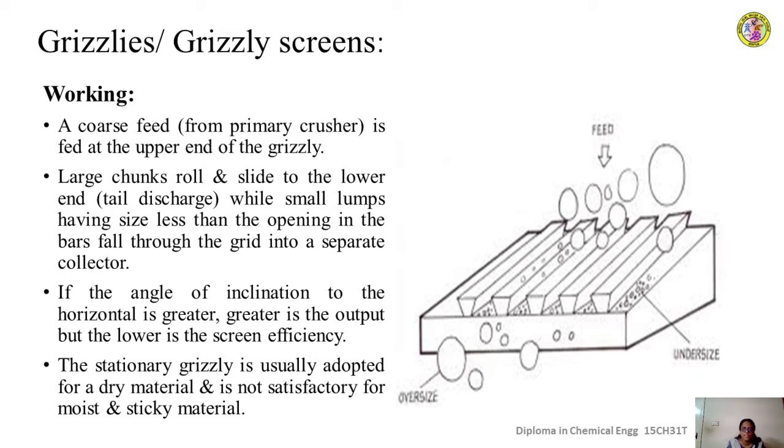Since the screen is stationary, the moist particles may not slide or roll over the screen surface that easily. That is why this type of screen is not suitable for a wet size separation operation. So it is essentially a dry size separation that is carried out using a grizzly screen.